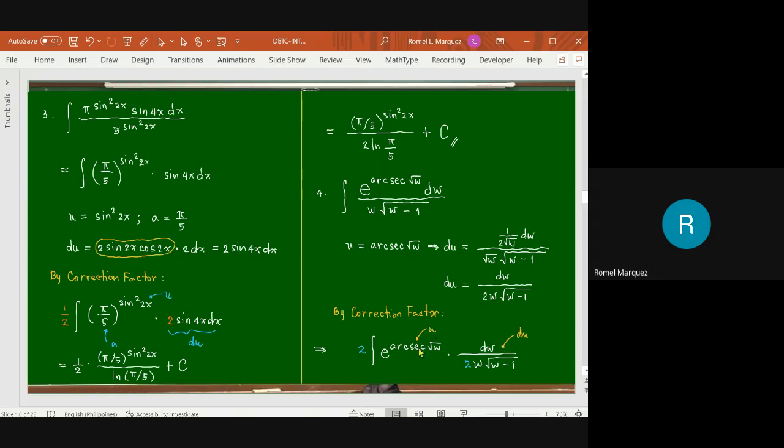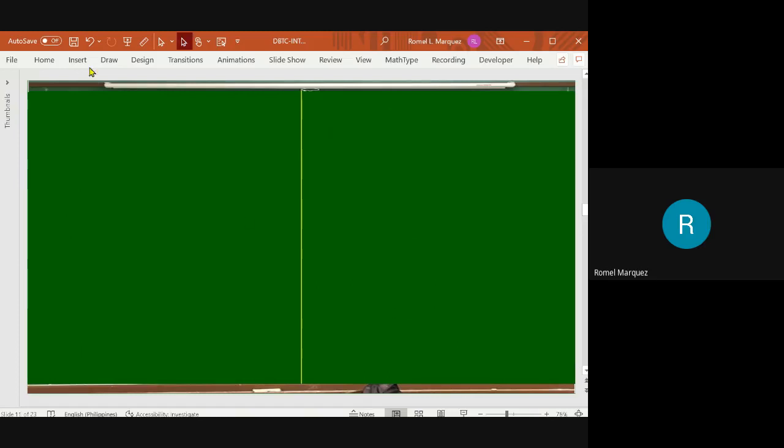Du. E to the u du. If the form is e to the u du, what is the answer, children? E to the u. But what is my u? Arc secant of square root of w. Then plus the beautiful c. That's it. Is that correct, children?